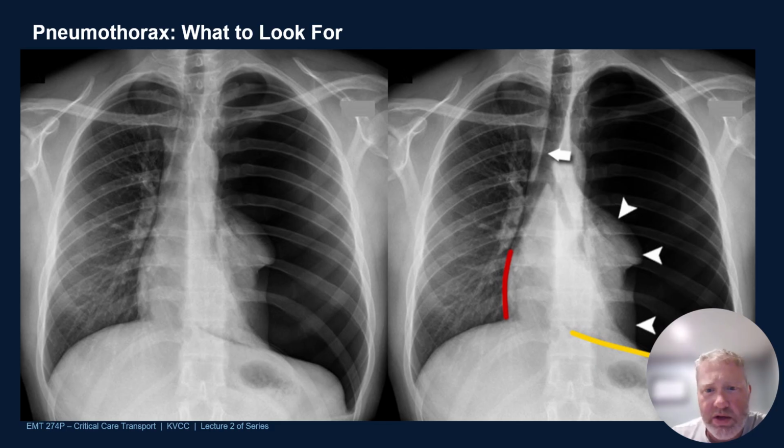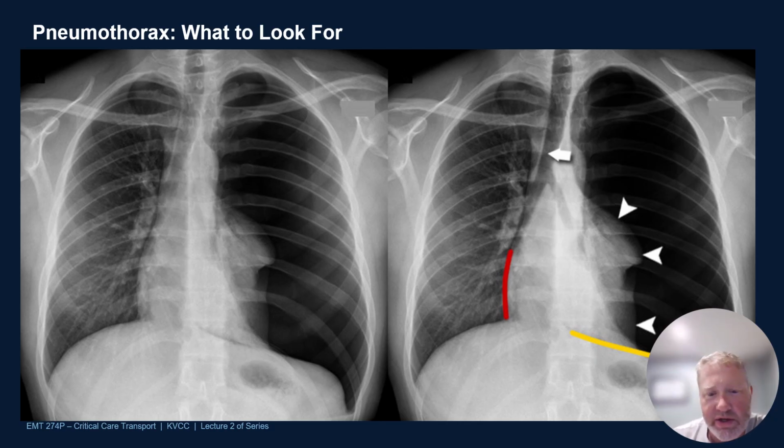So take a look at the image here. We've got a deviation of the trachea to the right, which indicates a large pneumo, in this case on the left.